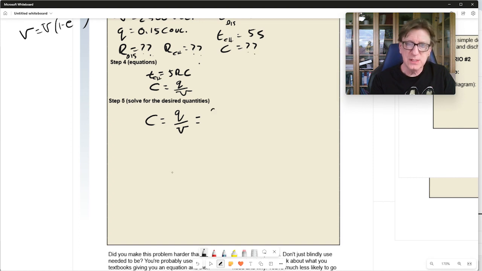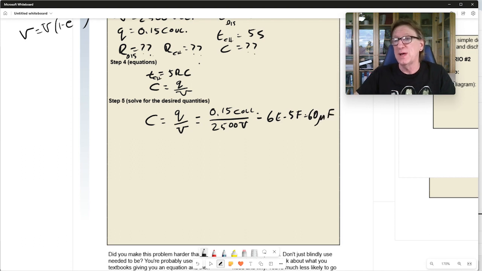And so that's going to be 0.15 coulombs divided by 2,500 volts. Go ahead and pause, work it out. I've got it in my notes, so I don't have to go to my calculator. And you'll find that you should be getting 6 times 10 to the minus 5 farads, which is about 60 microfarads, which is a very reasonable value for a capacitor.